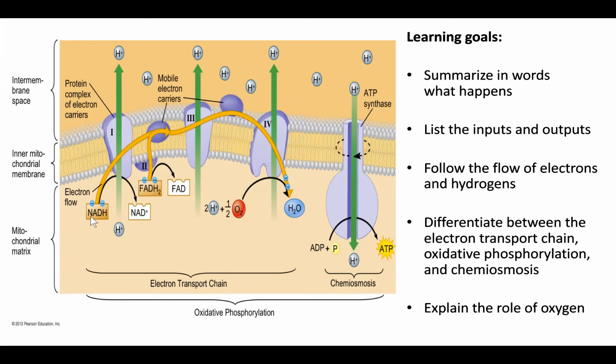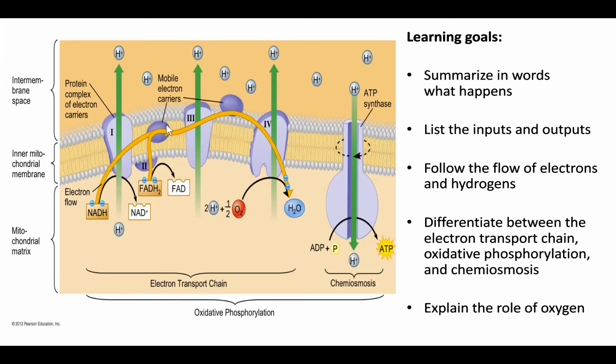Those molecules bring those electrons over to the electron transport chain. The electron transport chain carries the electrons back and forth, so these actually move and pass the electrons to each other. And as the electrons are passed to each other, hydrogen ions are pumped from the matrix into the inner membrane space.